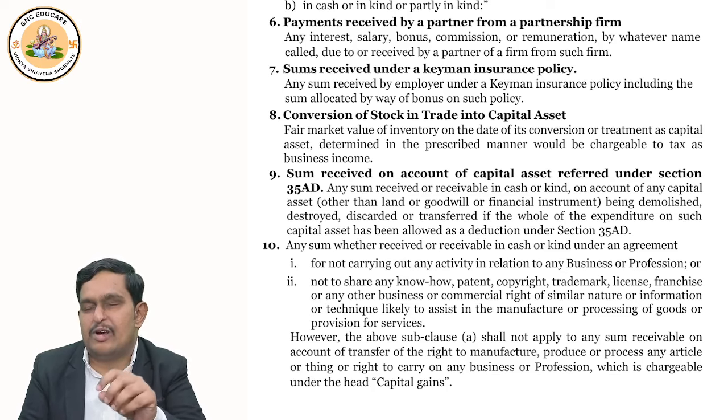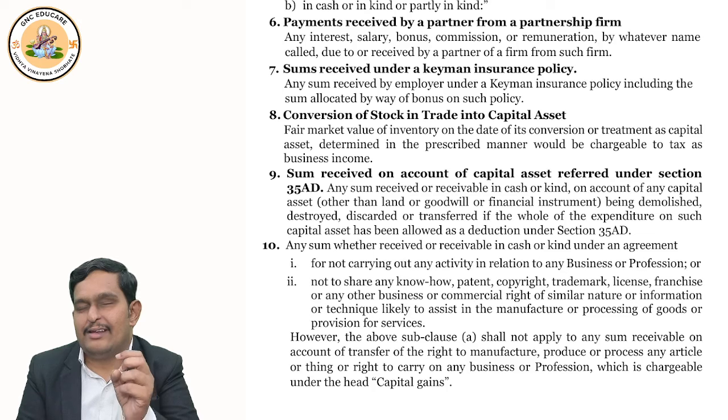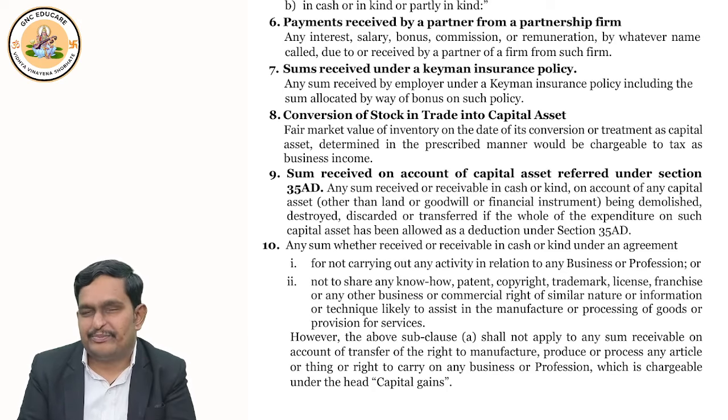If it is government or a government corporation, the person removed, terminated, or whose terms are changed should be of the MD type. In that case only, the compensation received is taxed under PGBP. If it is a normal employee, it is taxed under salary. Even though it is a capital receipt, it is still taxed under PGBP.